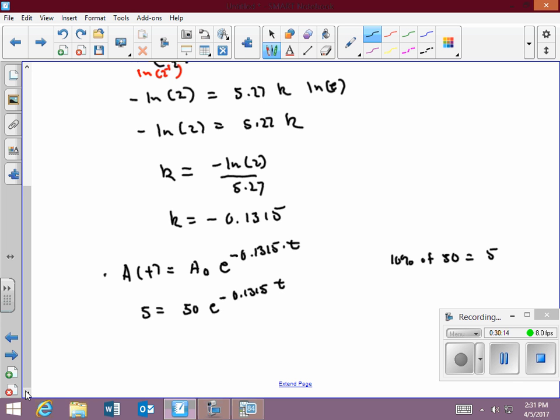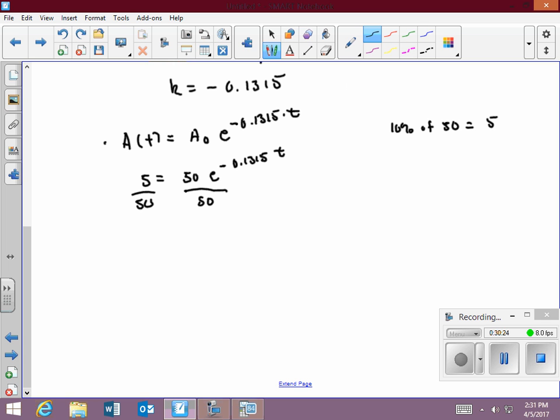Okay, so what are you going to do first? 5 over 50, so this is 1/10 equals e to the minus 0.1315t. Now, what are you going to do? ln on both sides?